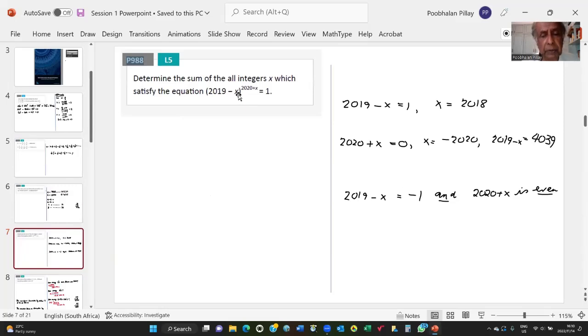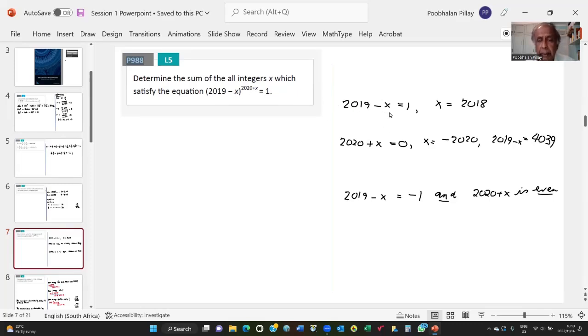If I put x equal to 5, for instance, I get 2019 minus 5, which is 2014, raised to the exponent 2025. 2014 to the power of 2025 is certainly not equal to 1. So the question is, for which values of x is this equal to 1?